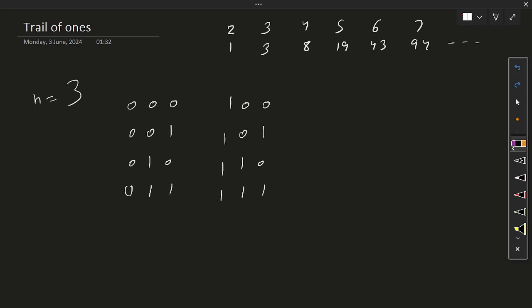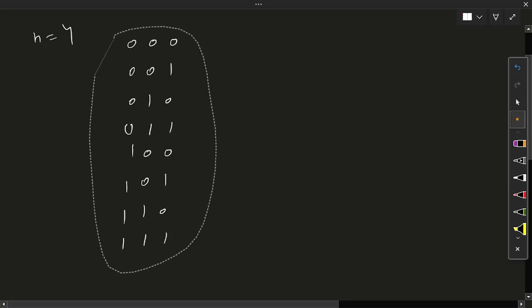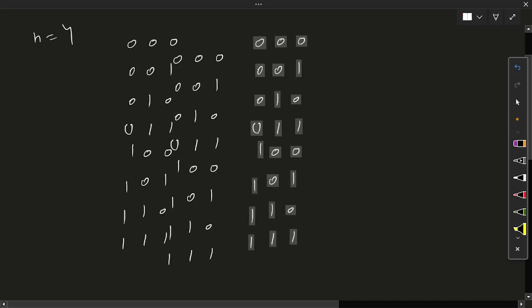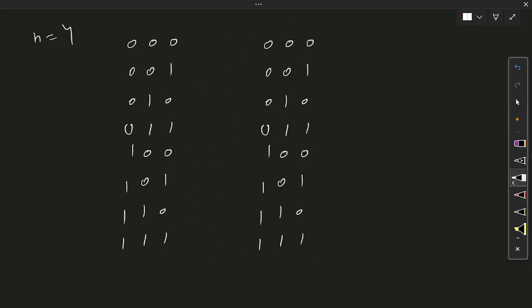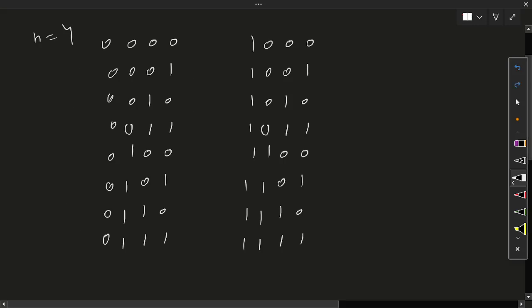So now I am writing for 4. In this set, this is a set of 3, but I have written 0 in front of them, so the set is not changed.